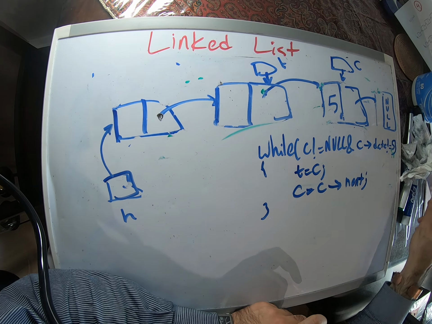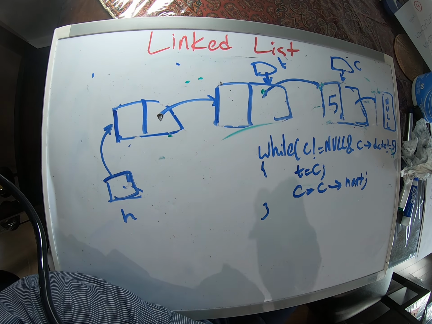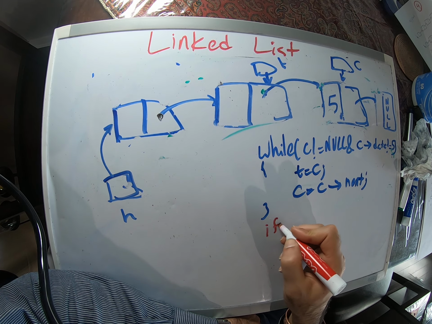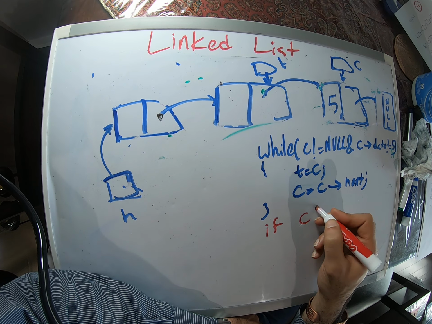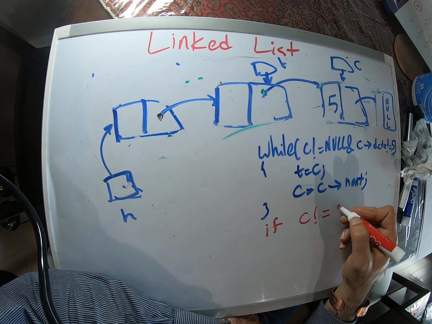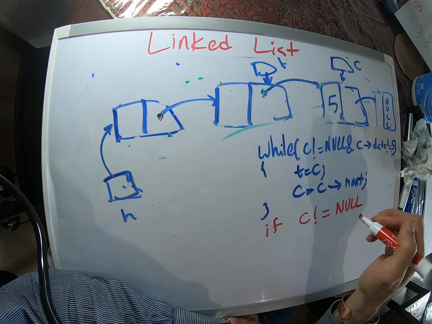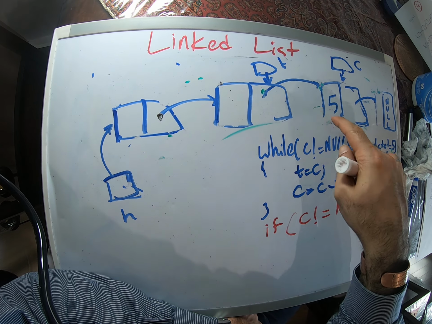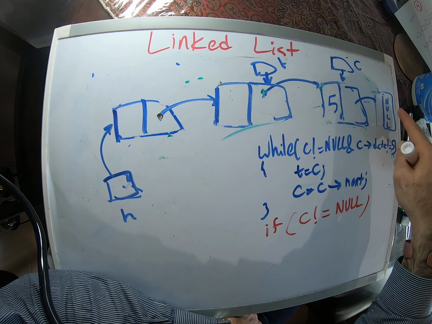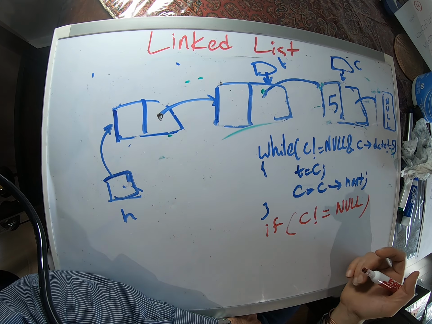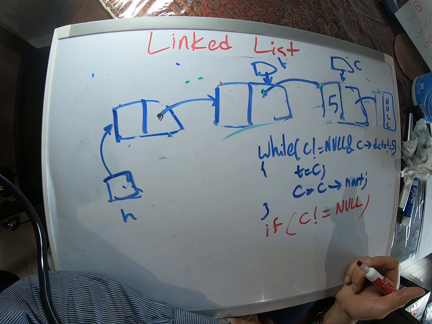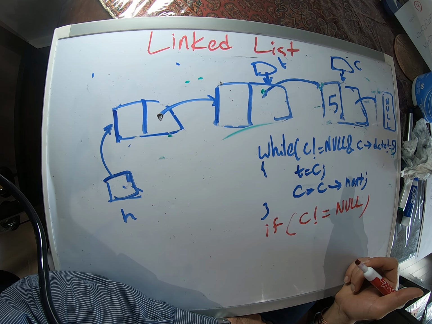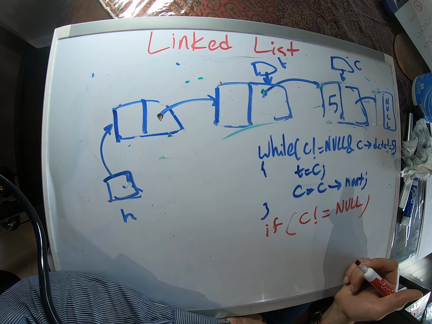So if that's the case, first of all we check if C is not equal to null, means that this number actually exists in the linked list and we want to delete it. What do we have to do? You guys tell me.